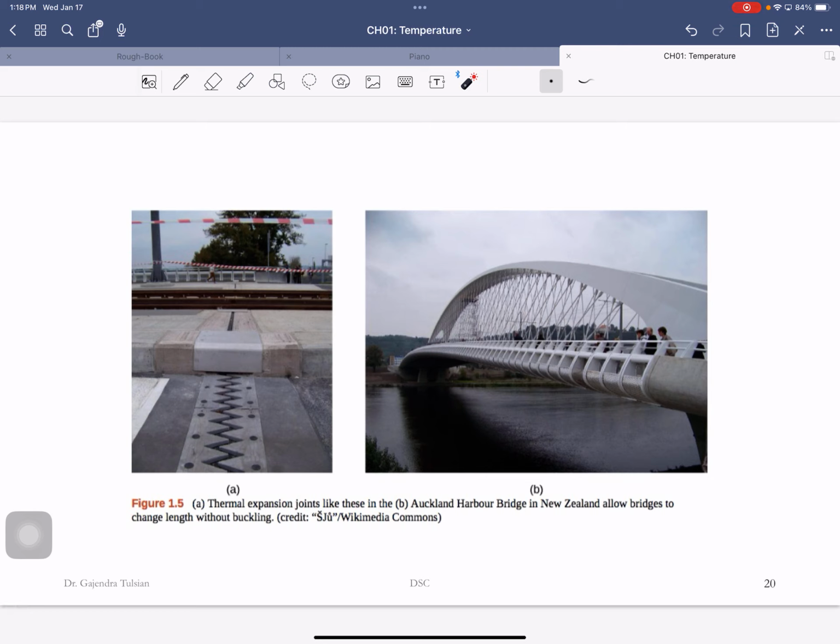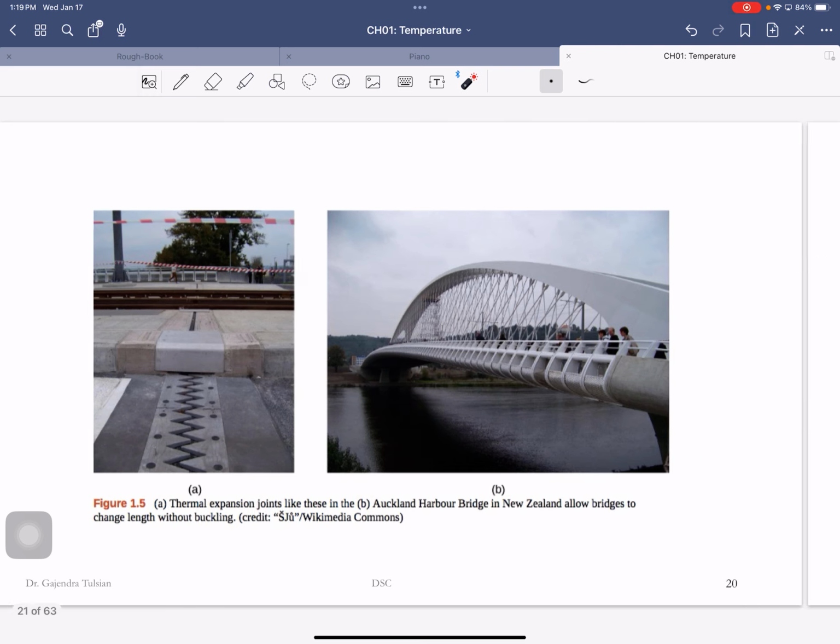So now every bridge has these expansion gaps. If these expansion gaps weren't there, and you built a bridge with one long metal rod, it would buckle in the summer. It would expand and push against the other end, the forces would be too great, and it would buckle. So every bridge has an expansion gap.